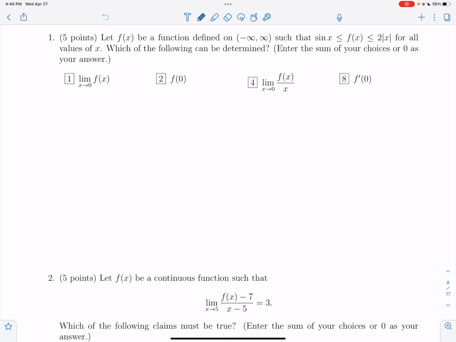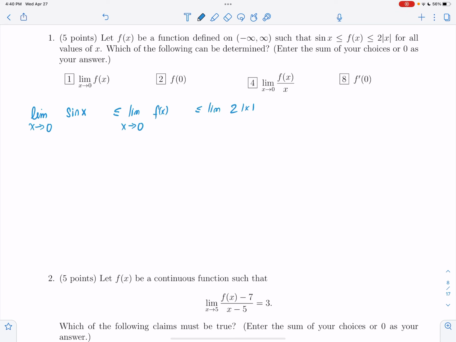Well, let's see. You have that sine x is less than or equal to f of x is less than or equal to 2 times the absolute value of x for all values of x on the real line. So, by the squeeze theorem, the limit as x approaches 0 of sine x and the limit as x approaches 0 of 2 times the absolute value of x will squeeze in between them this limit as x approaches 0 of f of x.